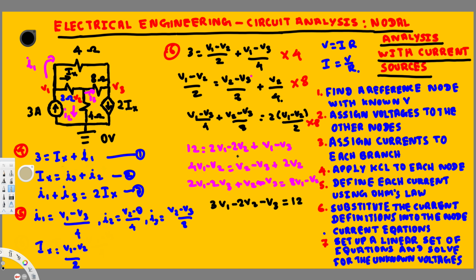I just flipped the equation, solved it and flipped it. The next equation is going to be 4V1, and we don't have any other V1, so we can just leave it as 4V1, and here we have 2V2.